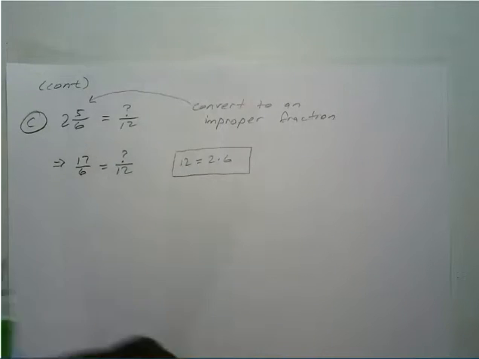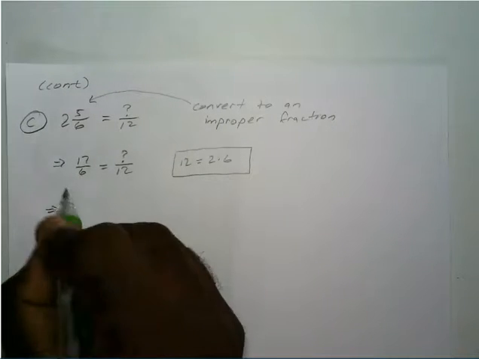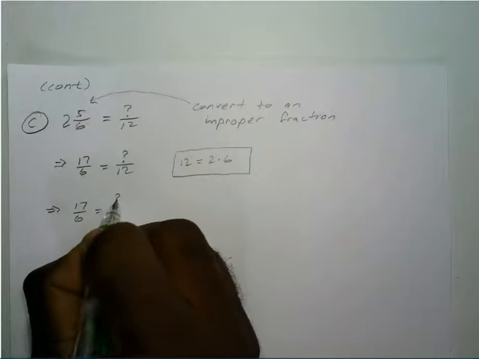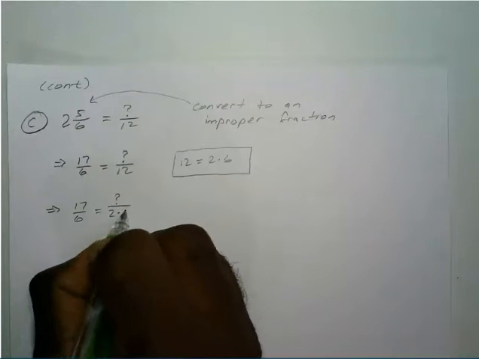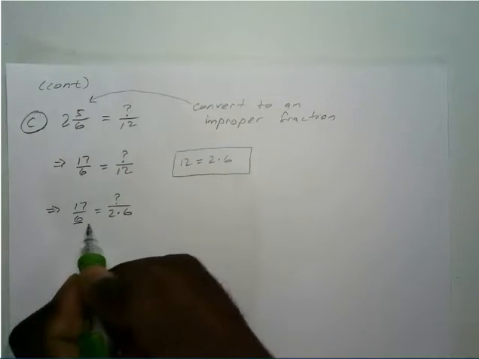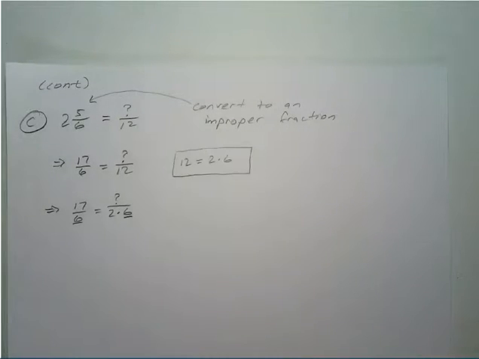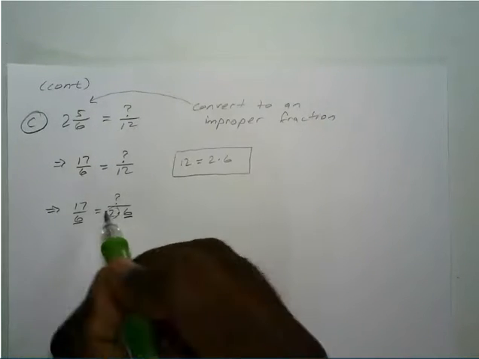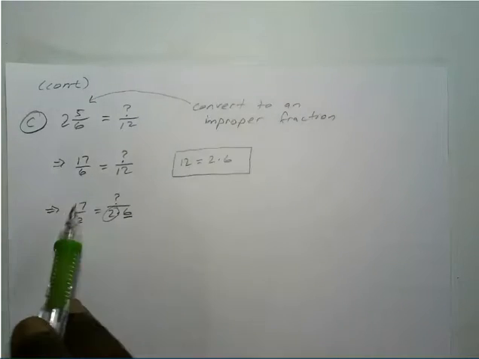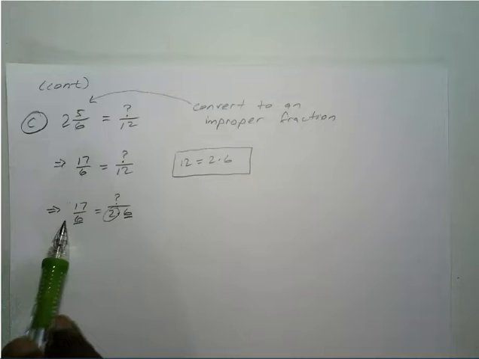If we rewrite that, 17 over 6 is equal to some unknown over 2 times 6. This side has a 6 in the denominator, this side has a 6. So the only thing missing is the 2. That means we have to multiply this side by 2 over 2.